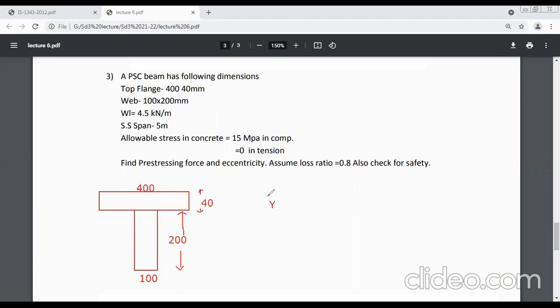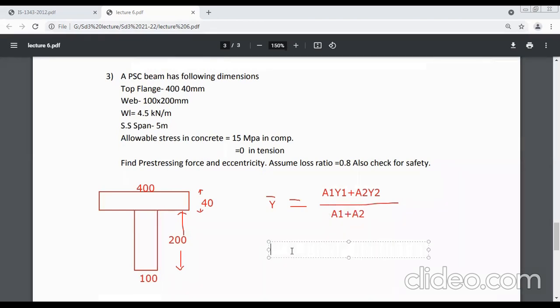Y bar is equal to A1 Y1 plus A2 Y2, divided by A1 plus A2.